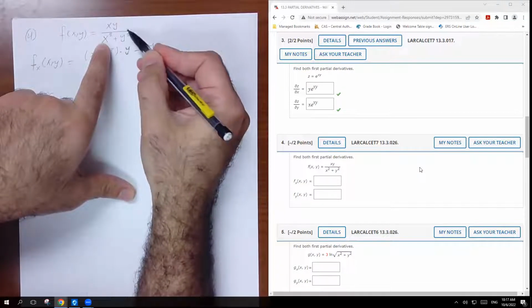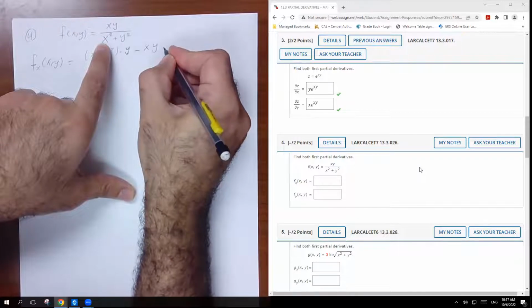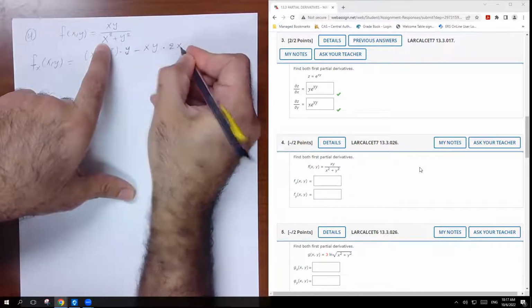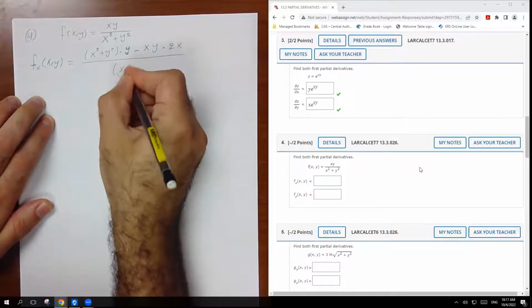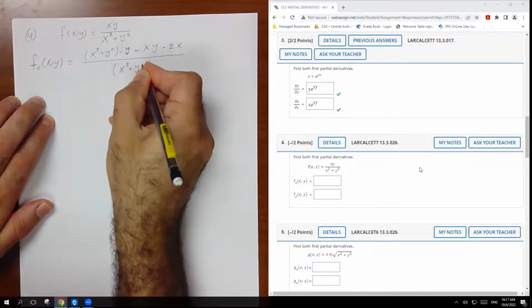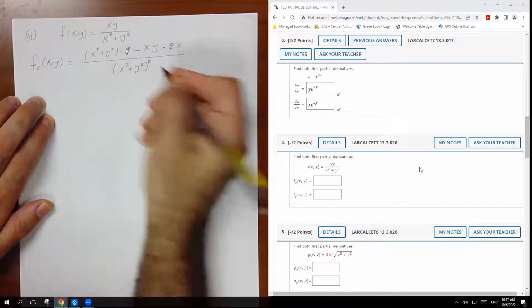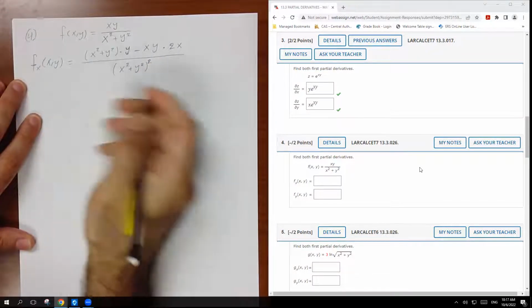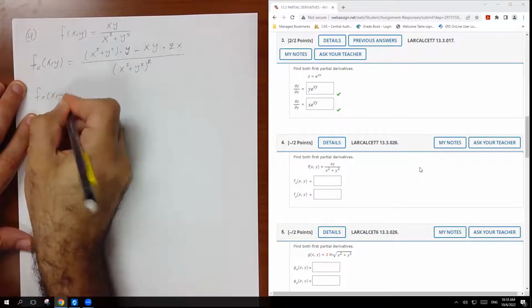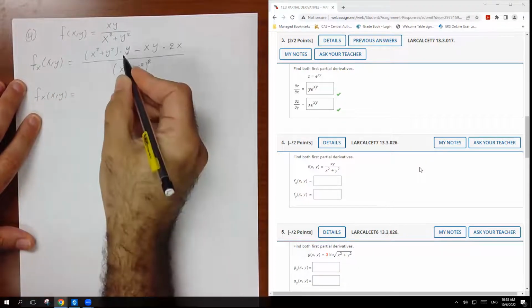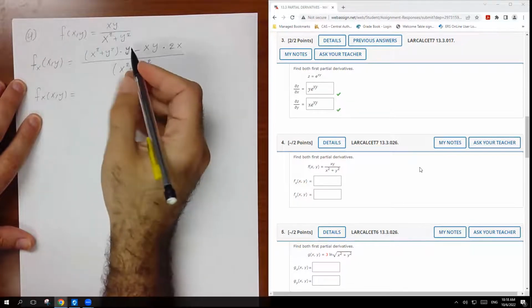So this one is a 0, and that means it's going to be times 2x. Everything is divided by (x squared plus y squared) squared. I'm just using the quotient rule. So f sub x of (x,y) is going to be equal to, I'm going to keep this one exactly the same, or you can distribute.